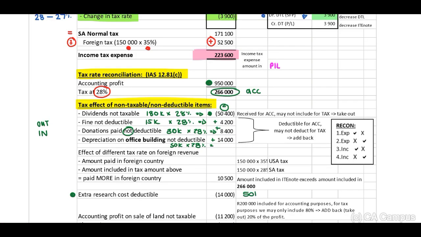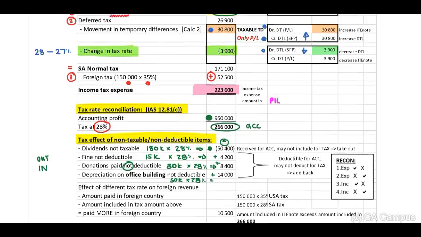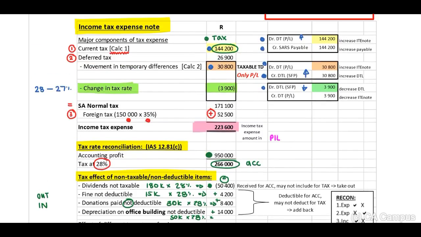Remember, this was 50,000 times the 28%. Okay, again, think what is included at the top in terms of your current tax, deferred tax, and foreign tax, and what is not included in the 266,000.